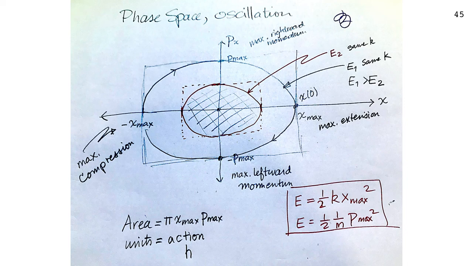The position x, and the momentum related to that, so the x component of the momentum is the vertical axis. All right? Now, I want you to go side to side and mark out equal distances. I'm going to make this a little bit further out. Okay? So this is x max.